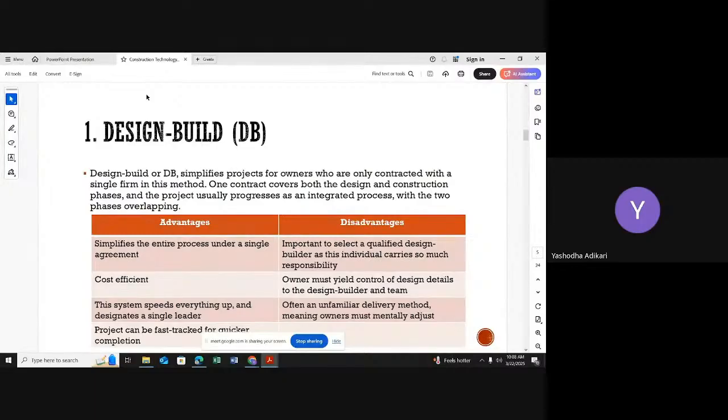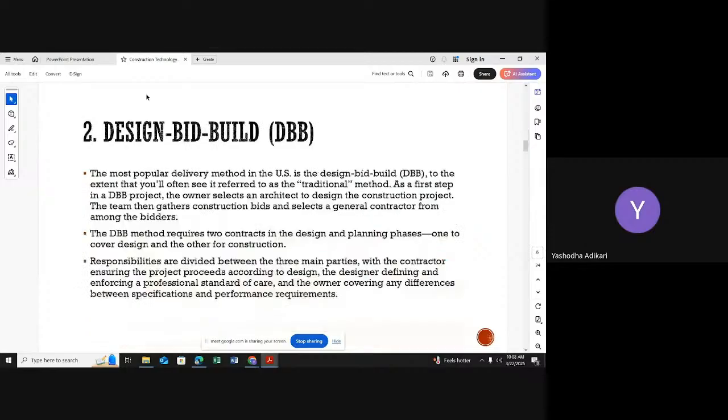In the first one, if they finalize, like, I need 20 million to complete this project, there is no adjustment, you have to go with the 20 million. In the second one, you're going to select the contractor after completing the design by following the tendering process. So you can compare other contractors' costs and select the more suitable contractor from the price also. It is also one of the advantages under this category.